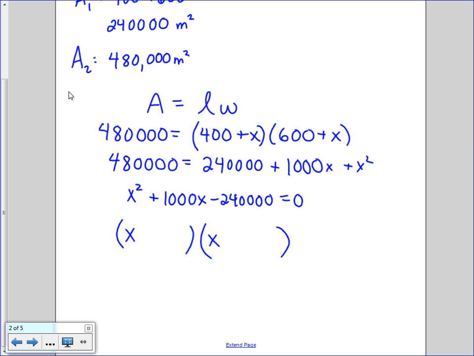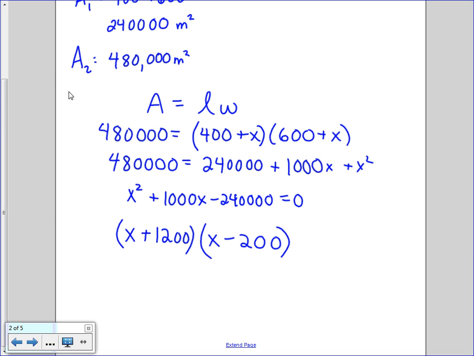I'm thinking of this off the top of my head here. One's going to have to be positive and the other one's going to have to be negative. So I'm thinking positive 1200 and minus 200. Let's test and see if that works.